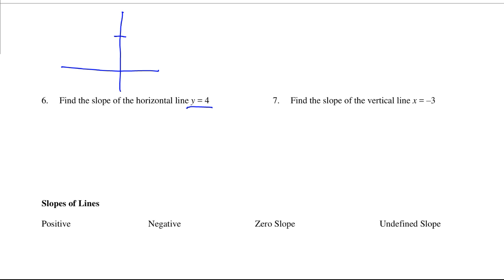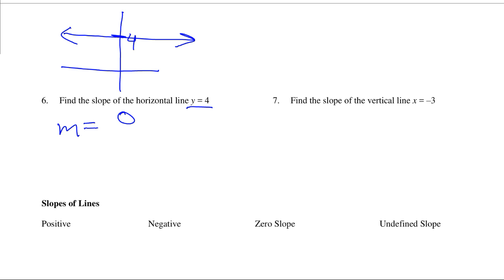We're going to say up here is 4, and it goes across like this. And so when we take a look at that, if we're thinking about the rise and the run, or the change in the y's compared to the change in the x, the change in the y's is going to be 0, because as we move along the line, the y stays the same.